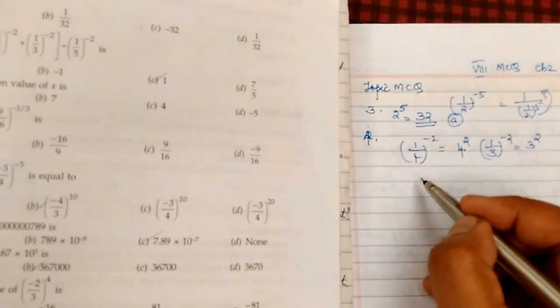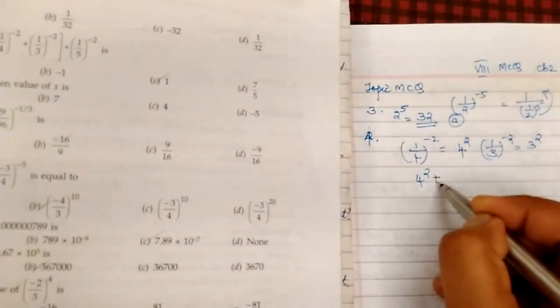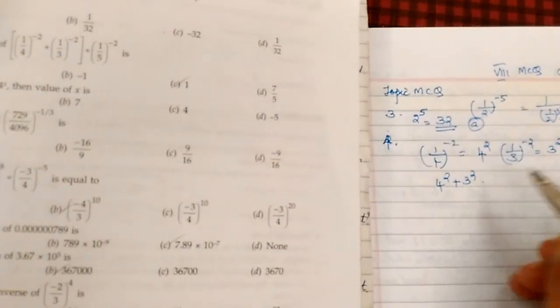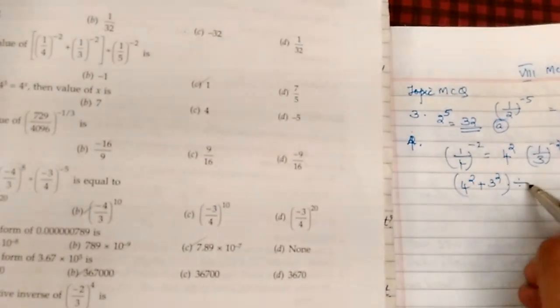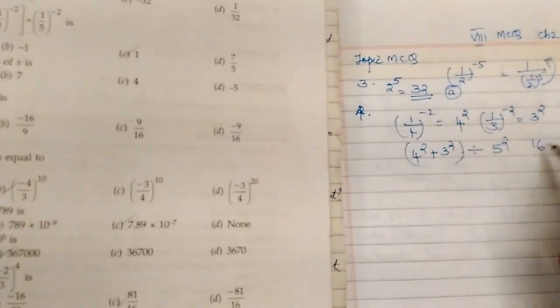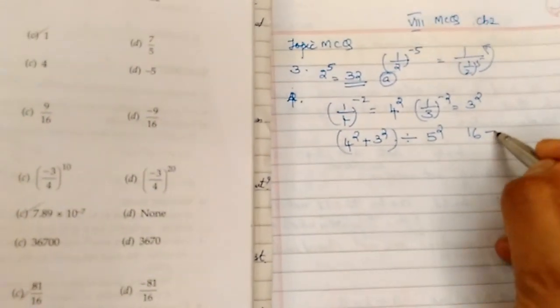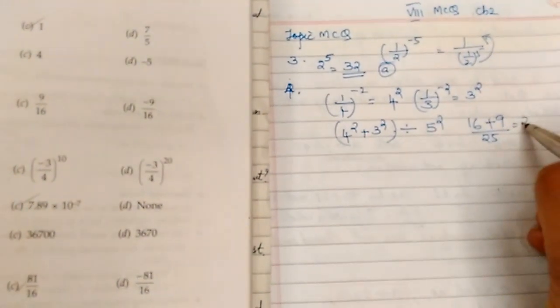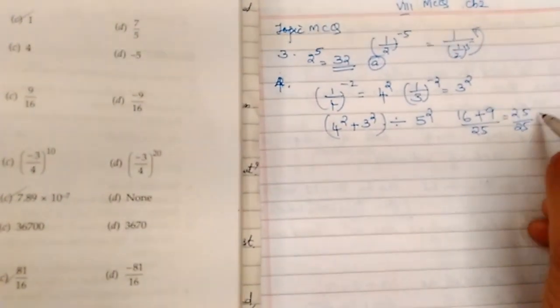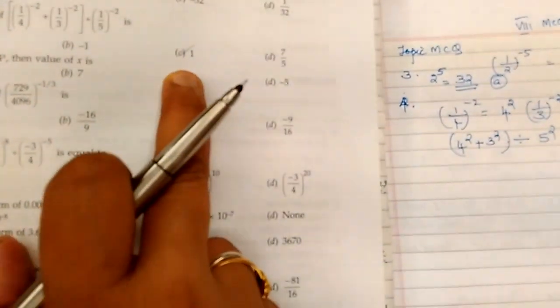So you will have 4 square plus 3 square divided by 5 square. What is 4 square? 4 square is 16. What is 3 square? 9 upon 25. What is it? 25 upon 25. What is it equal to? 1. So here the answer is 1. That is C.